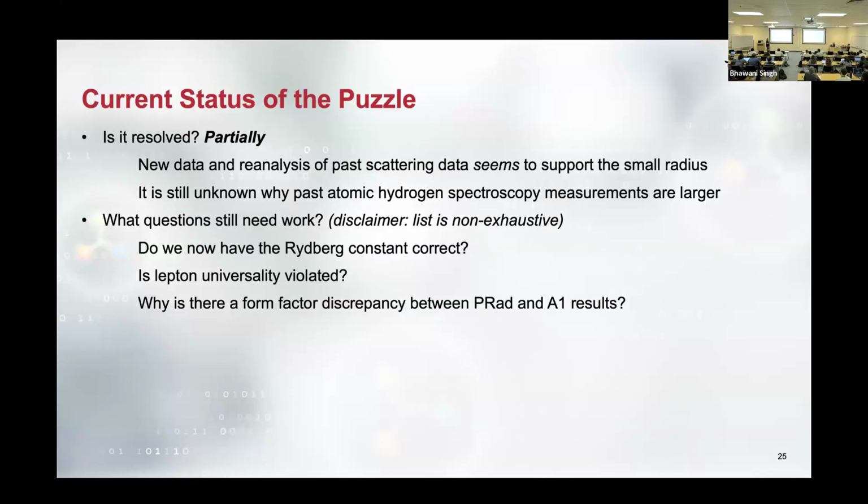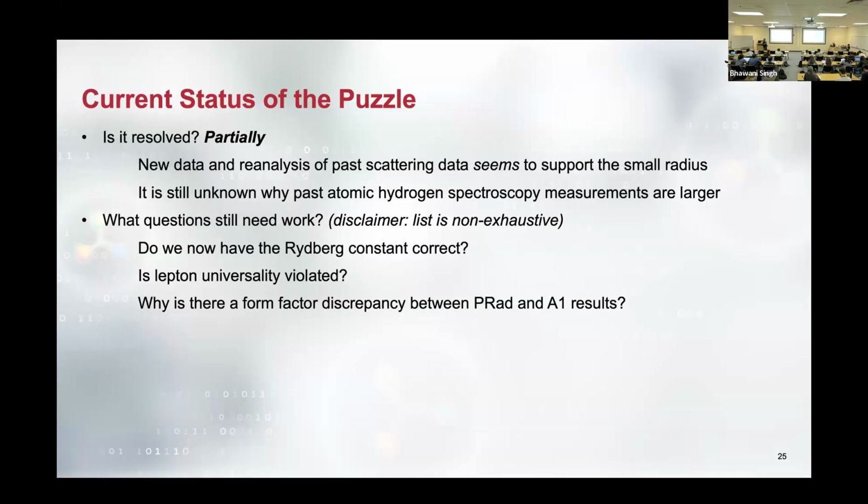But the current state of it, things that are still open: we've reanalyzed past data, which seems to support the small radius, but there are explanations that are not terribly conclusive. Still unknown for the spectroscopy.